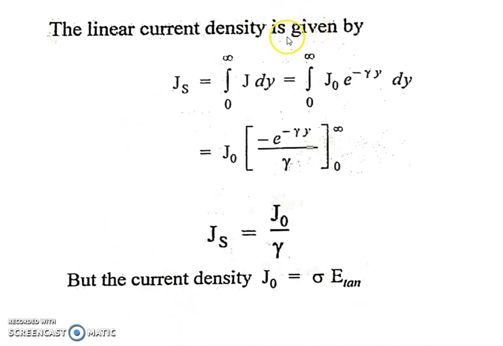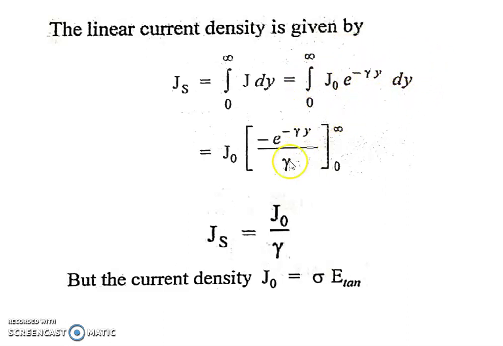So the linear current density is given by Js, and Js is equal to integral 0 to infinity J dy. We are going to substitute the value of J here. So integral 0 to infinity, in the place of J we are putting J0 e raised to minus gamma y dy.